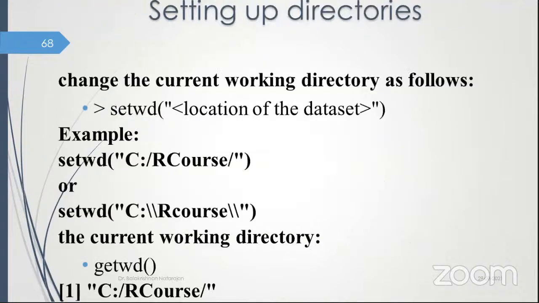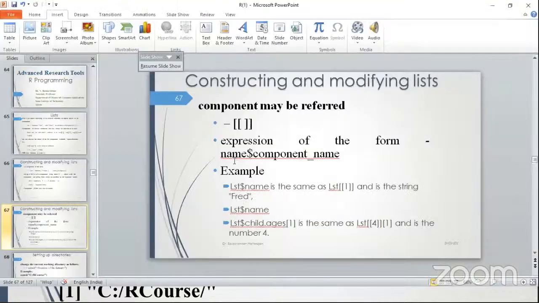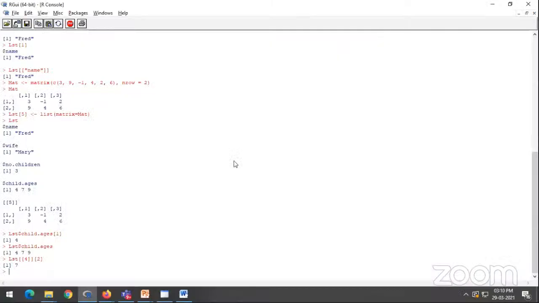And next, regarding setting the directories, on day one the professor asked about how to store the data. On that day itself, I told you that if you're defining a variable, while defining that variable you access it with something like this: x is equivalent to c of 1, 2, 3.